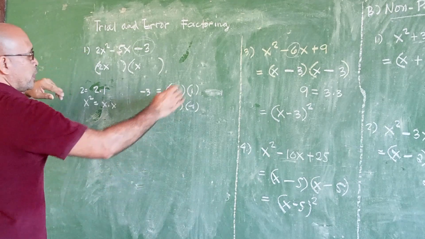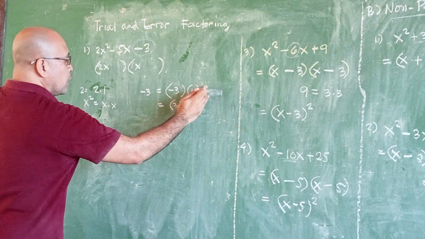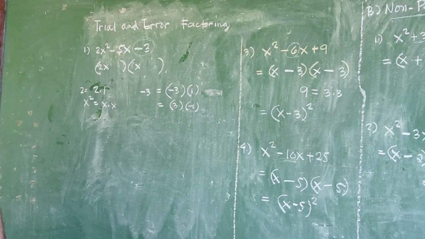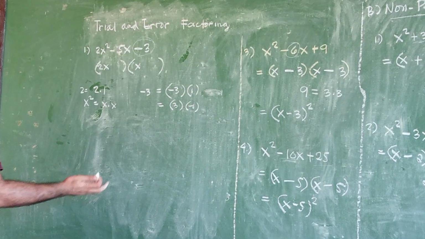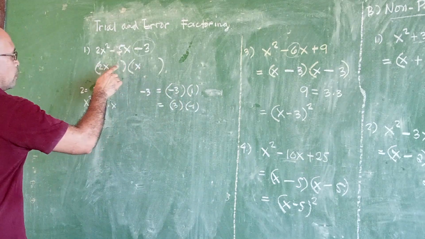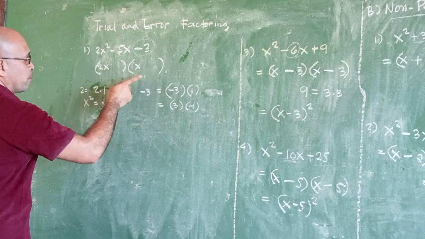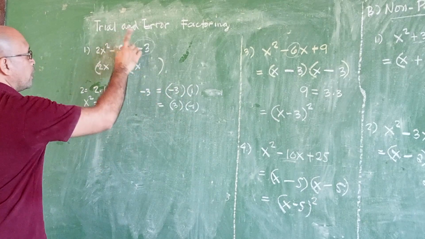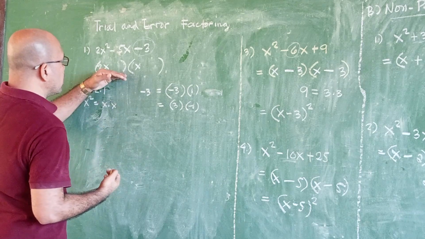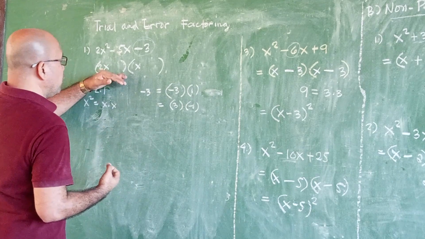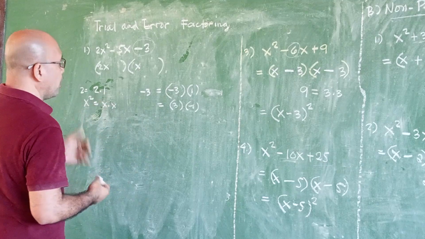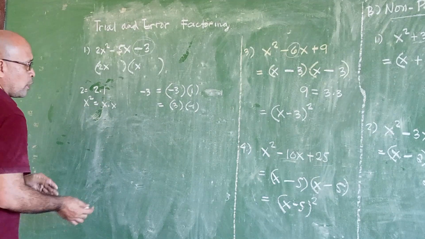So the idea of addition here is not anymore applicable. So what will you do? You try to use these factors as the factors of the last term here. You try, that is trial. And if the resulting factors give you the error one, then you change to another one. That is why it is trial and error anyway.